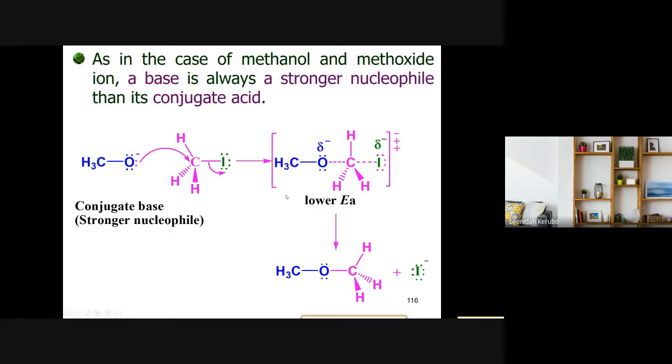So this will require a lower activation energy because both the two atoms which are bonded partially to this electrophilic carbon are neutralizing that partial positive charge because they have partial negative charge. So to form the final product, you have the ether and the leaving group.